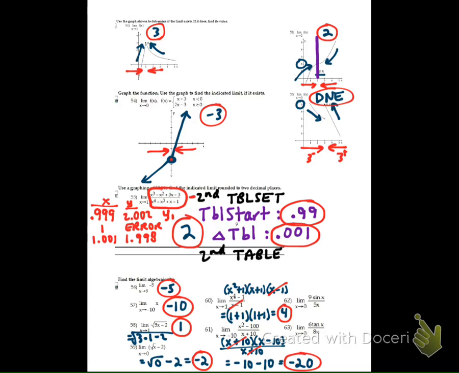Okay. 62, let me make my red line thinner. This guy right here, if we remember the sine of x over x, that sine of x over x goes to 1 when x goes to 0. So we can just take that part of this expression out, and we can replace it with 1.